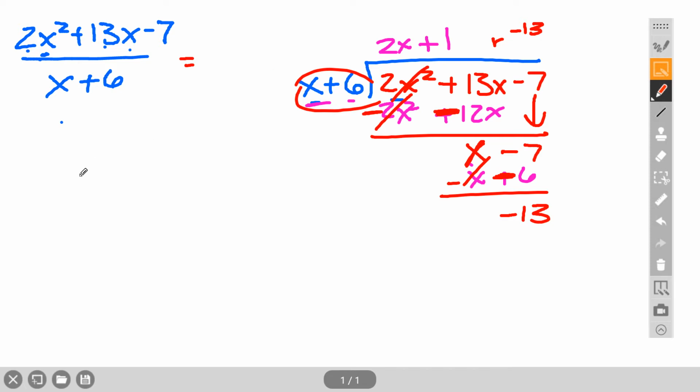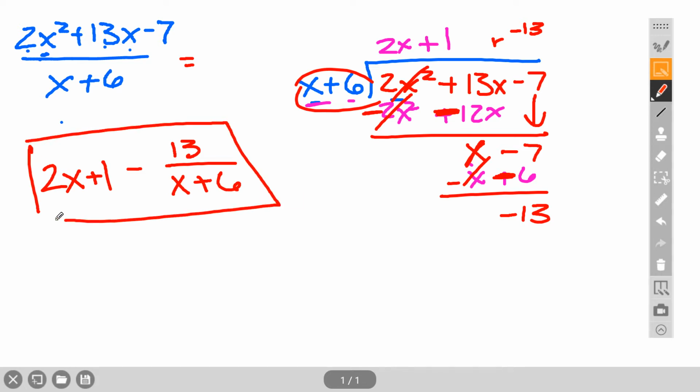So our quotient here would be 2x plus 1 minus 13 over x plus 6. The remainder goes over the divisor. This is the dividend, this is the divisor, this is the quotient.